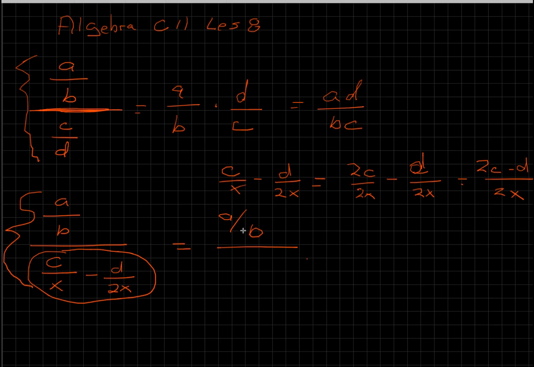What I've just shown you is that this A over B is just A over B. I wrote it in slash notation. It's the same thing. And this, based upon what I did over here, became 2c minus d over 2x. Well, okay, that looks not much simpler.